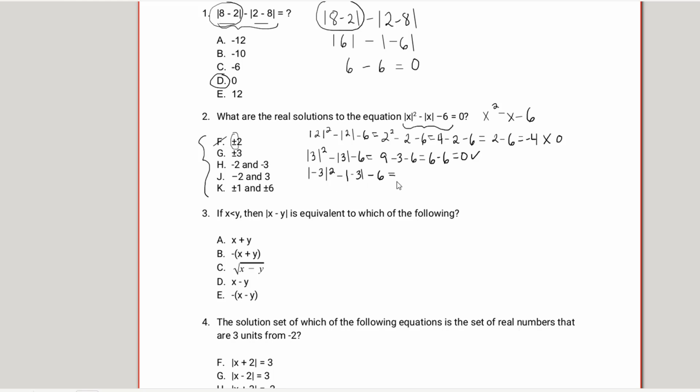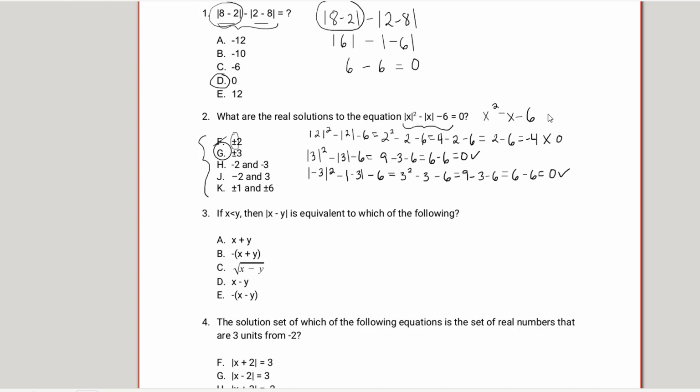So it's really the same as plugging in the 3. We're going to get the same result because the absolute value of a negative 3 is just positive 3. And again, we have 9 minus 3 minus 6, which again turns out to be 6 minus 6 is 0. So that is correct. For both positive and negative 3, we get a value of 0 for this expression.